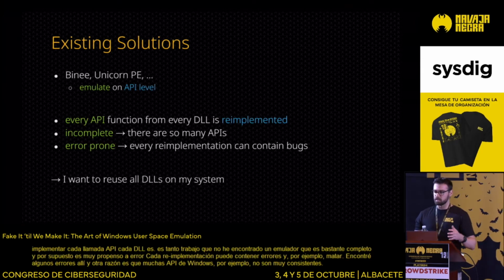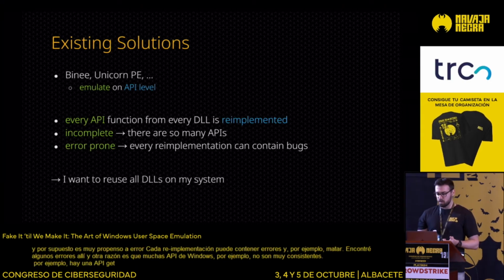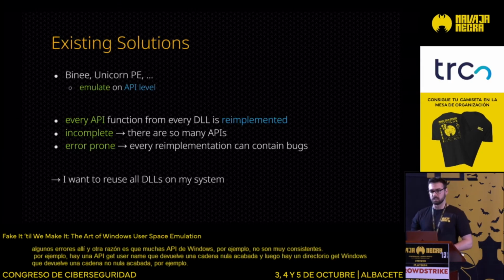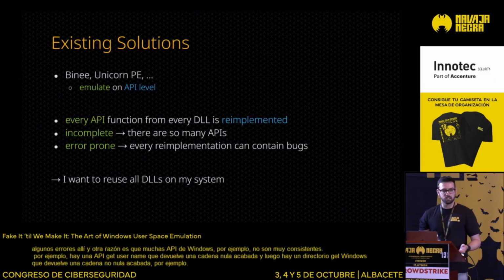So there are many inconsistencies that one has to respect when re-implementing all the APIs. And some of those solutions did not respect them. And this is why I want to reuse all the DLLs that are on my system. They're already there, the code is written. It works as good as it can because it's the reference we have.